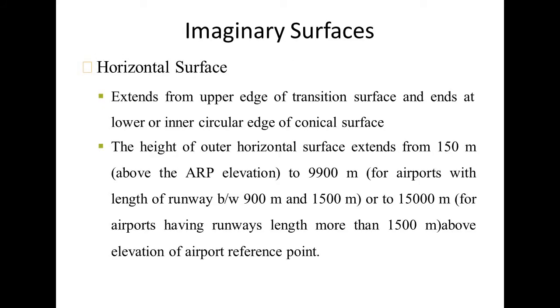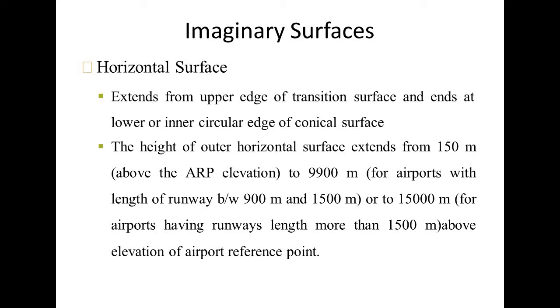Horizontal surface. The height of the outer horizontal surface extends from 150 meter above the airport elevation to 9,900 meter, up to 15,000 meters above the elevation of the airport reference point.